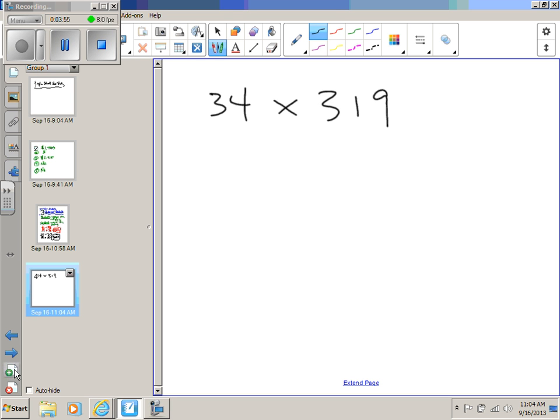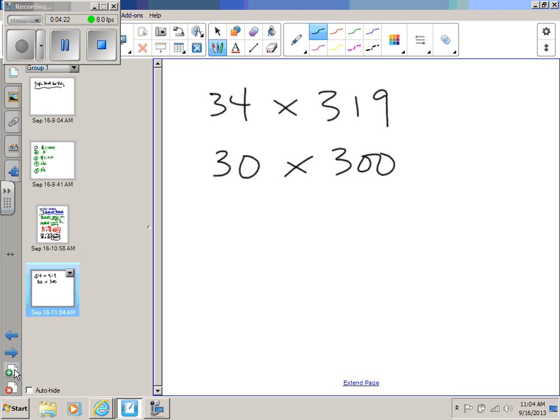So 34, we're going to round to, Larissa, 30. 319, we're going to round to what? Edsel. We could do 320, but if it's in the hundreds, now let's round to the nearest hundred. 300. Okay, so that's kind of where it's a little bit different.